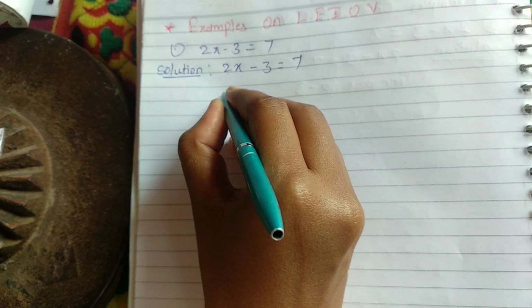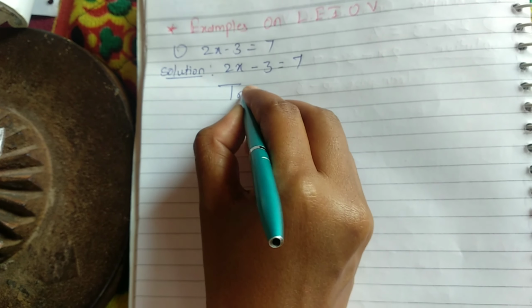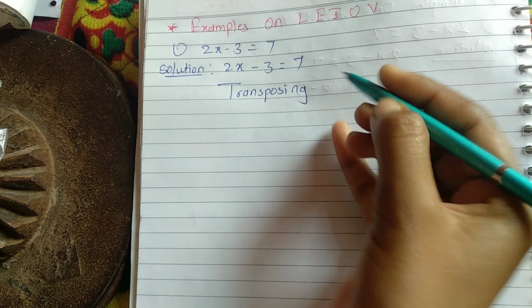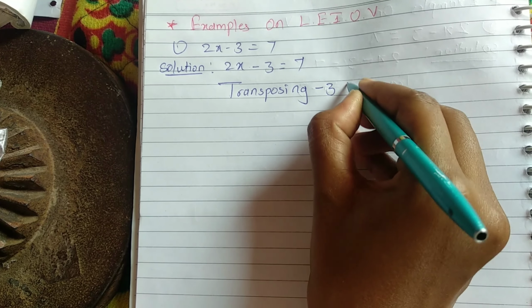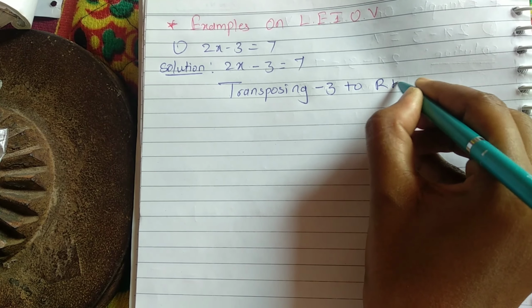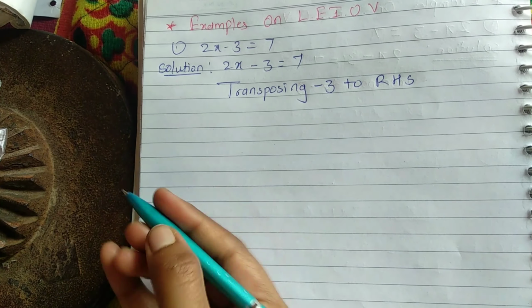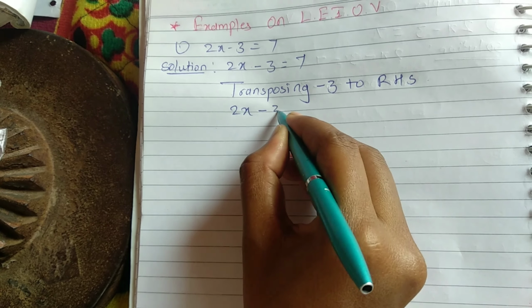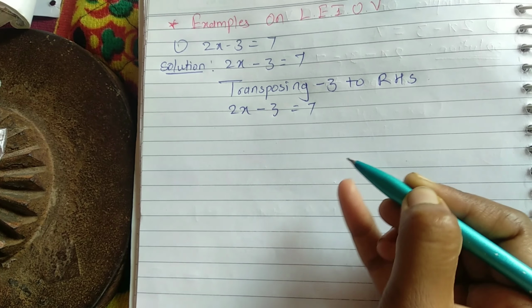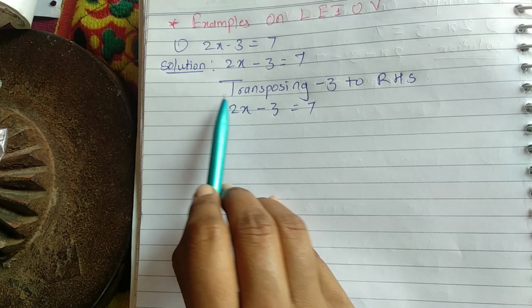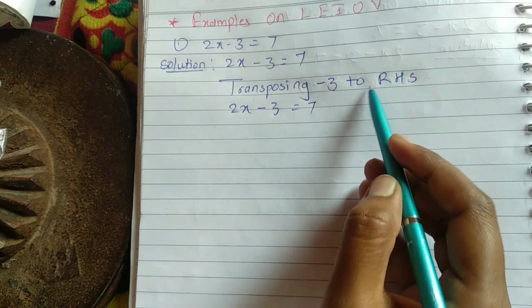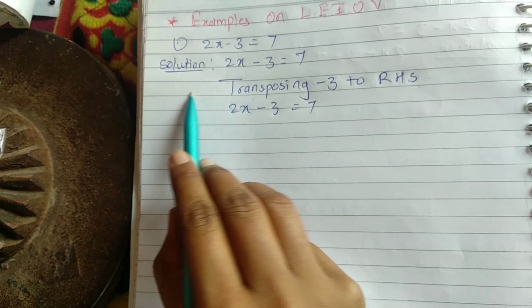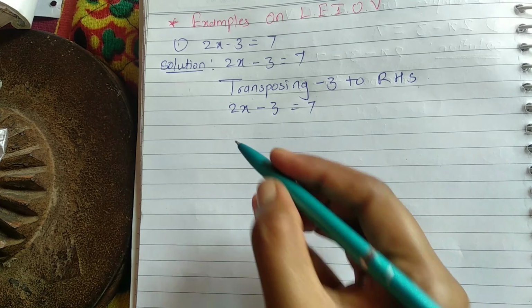So, transposing -3 to RHS, because we have to make variables separate and constant terms separate.